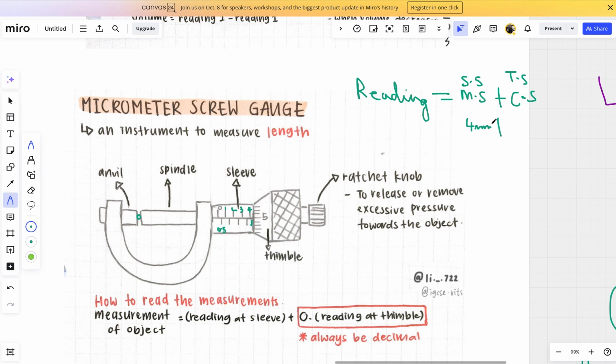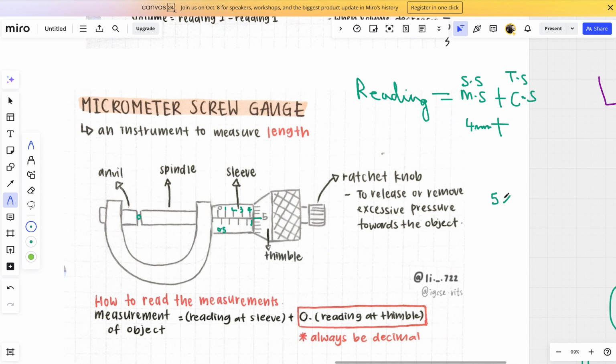Then plus, you now read the circular one. How do we read the circular one? You read the value that tallies with this horizontal line. If here is 5, you take 5. If here is 6, you take 6. If here is 7, you take 7. Whatever value tallies with the horizontal line is the thimble value. In this case, it's 5. You multiply that thimble value by 0.01.